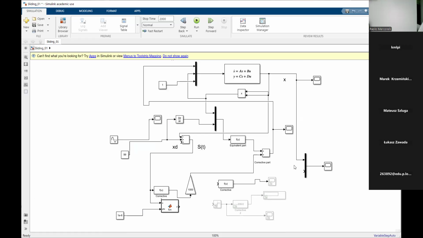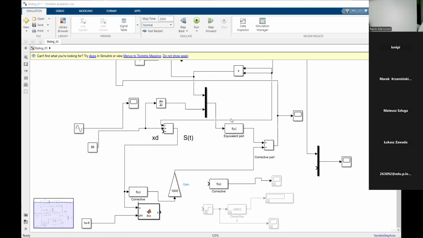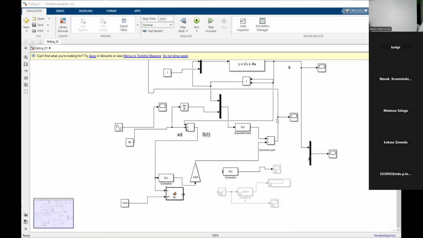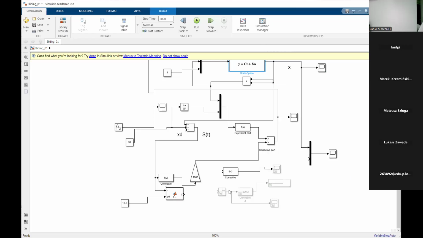Let me now show you a little bit the robustness. You have the disturbance equal 1. This means the corrective part here, let me write here inside, instead of 2 comma 1, just 2, just to show you the robustness.